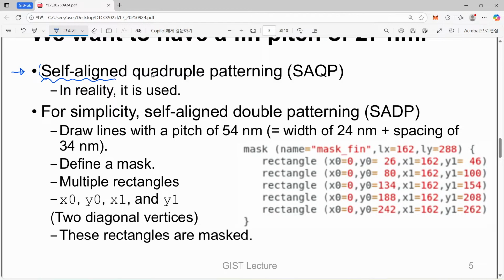That is the meaning of self-aligned. This self-aligned concept is quite important because if we do multiple lithography, then there is no guarantee that our two continuous exposures are perfectly aligned.